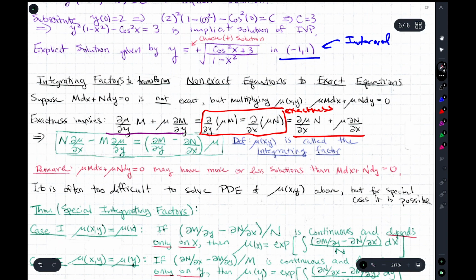Mu is also called an integrating factor. It's the same term we gave to linear equations, so that could be confusing, but they're different. This mu makes a non-exact equation exact. That other mu gives you that the left-hand side is equal to the derivative of a product.